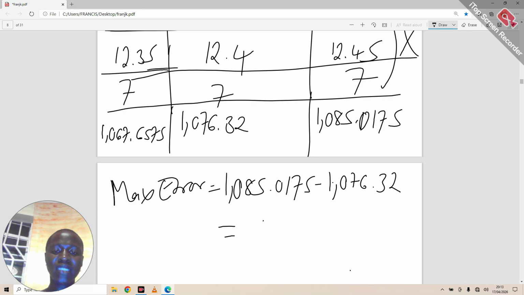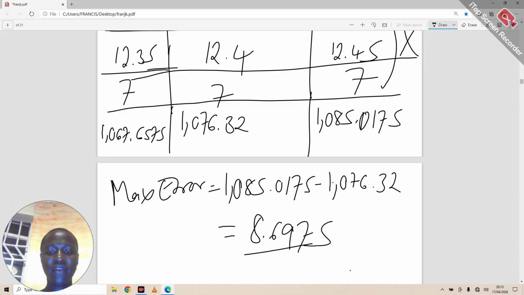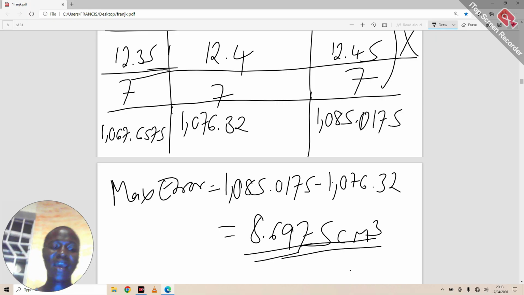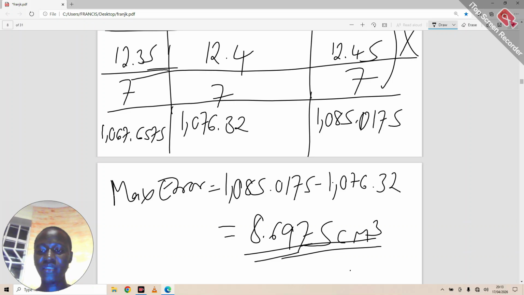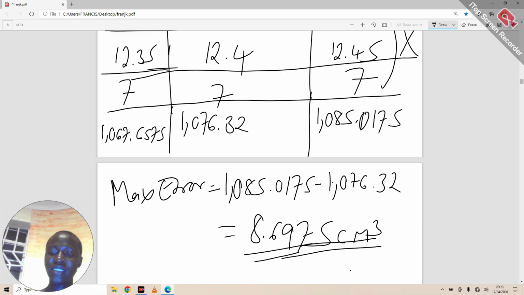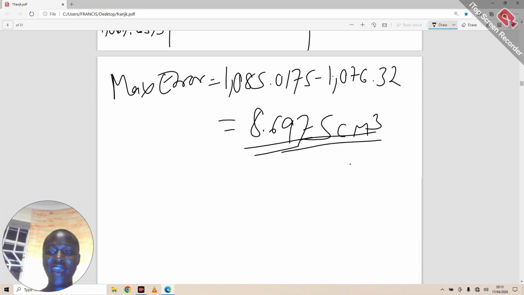What are we having as our answer? 8.6975 cubic centimeter. Remember to have the units with your answer. Let us check at another example.